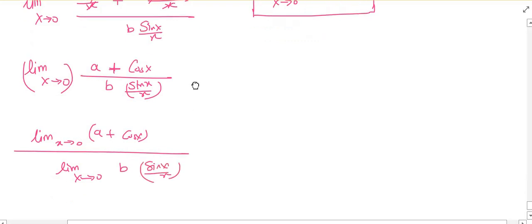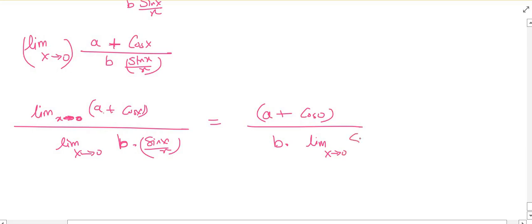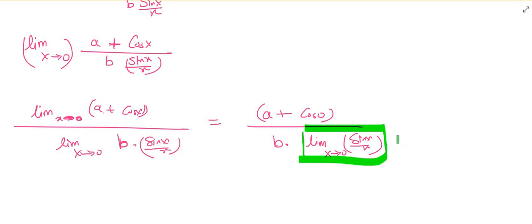Now see here, to solve a limit we will just put 0 and check the answer. So let me put a plus cos 0 by, here b is a constant, I can take it out, and this is limit x tending to 0 sin x by x, and we can apply the proper formula in this place here.